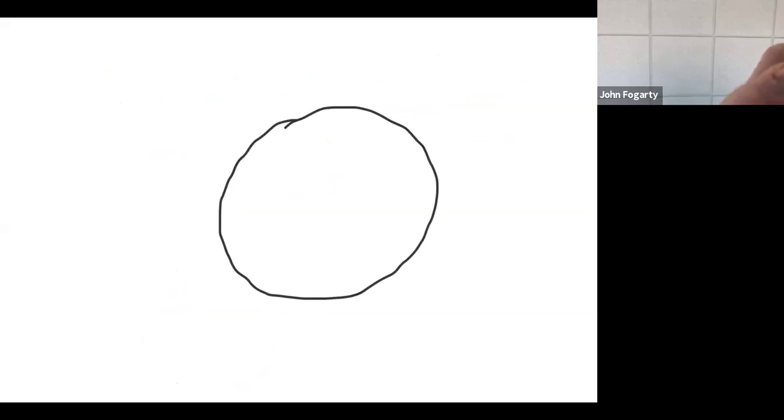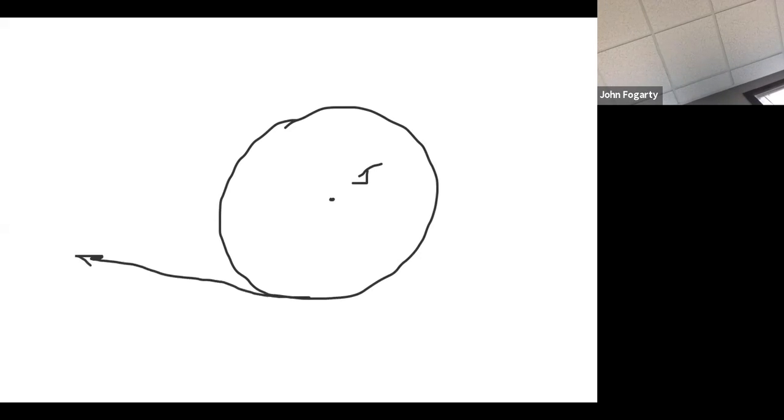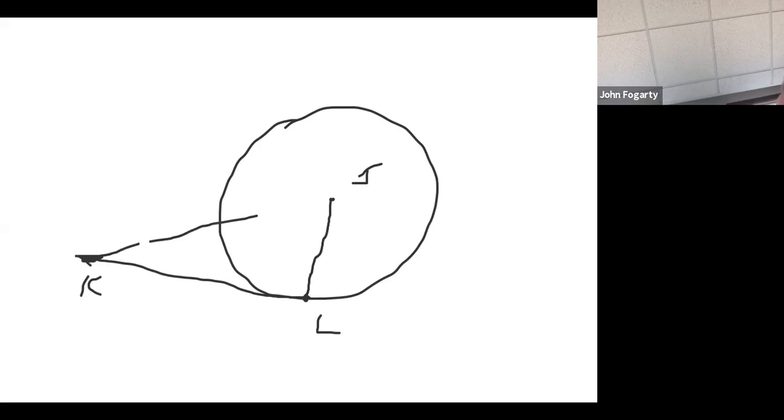I'm going to give you a picture, and this is simply circle J. This is point L, and this is point K, and then I'm going to draw JL, and then I'm going to draw this.